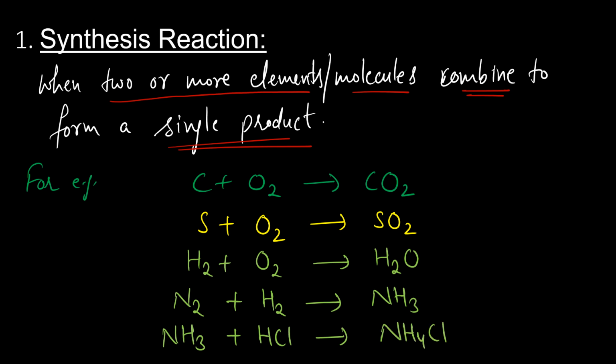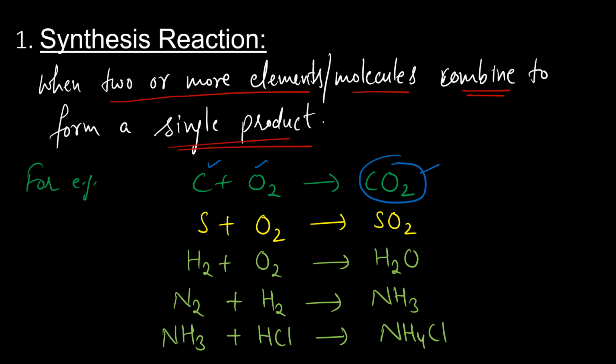Now let's discuss what we are getting from these. In the first equation we are combining carbon and oxygen, which gives only one product. This single product is formed by the combination of carbon and oxygen, which justifies its definition that when two or more elements or molecules combine.